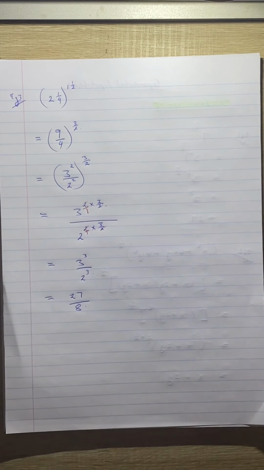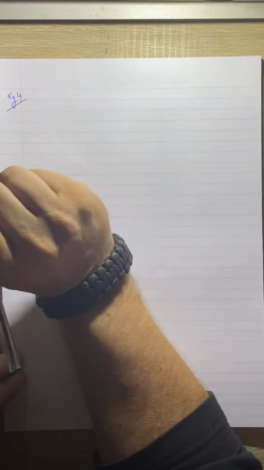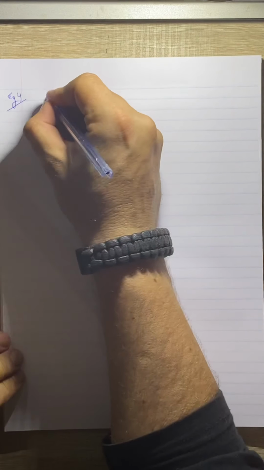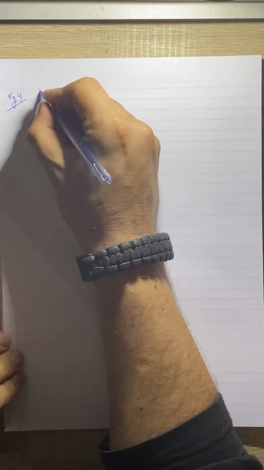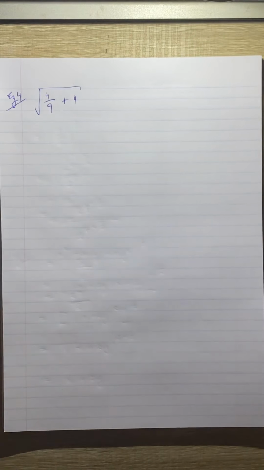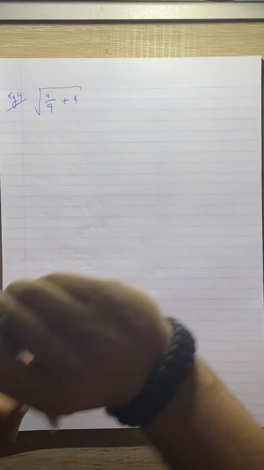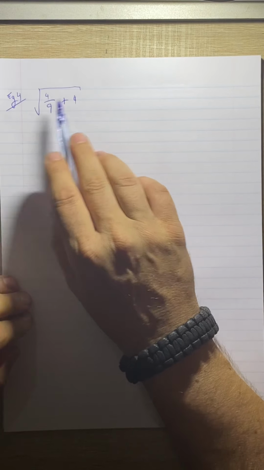Right, example 4. We've got the square root of 4 over 9 plus 4. Okay, so what I'm going to do now is simplify what's inside this surd.